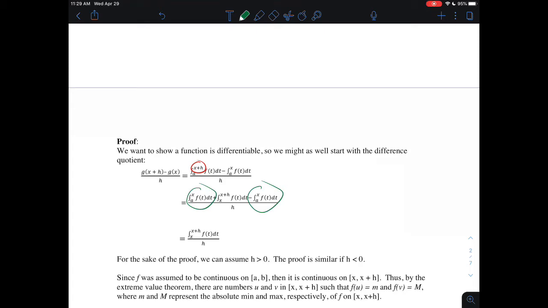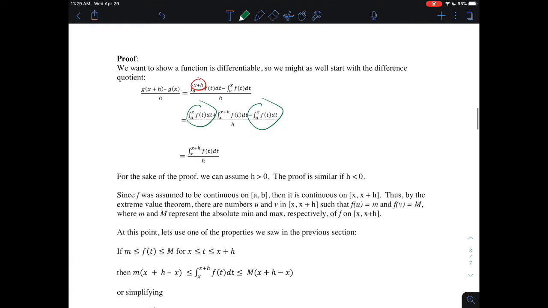For the sake of this proof, we're going to assume that h is positive, but this would work the same way if h was negative. Since f was assumed to be continuous on the closed interval a, b, then it is continuous on the closed interval x to x plus h, because that is a smaller interval between a and b.